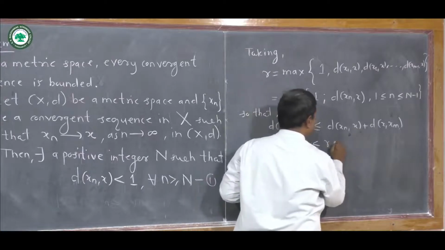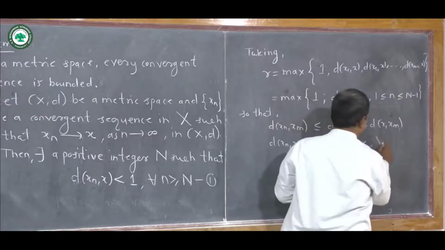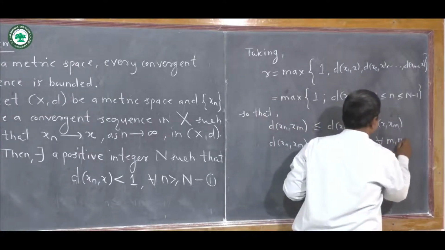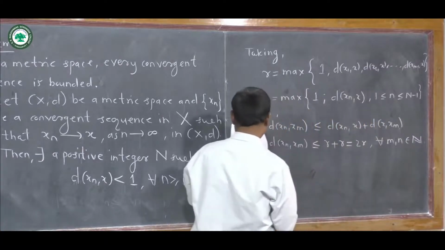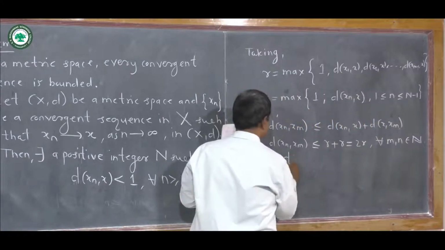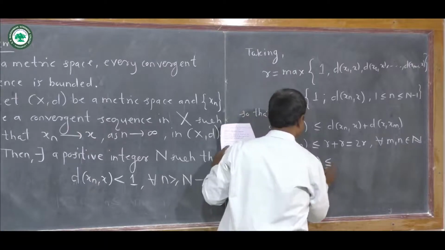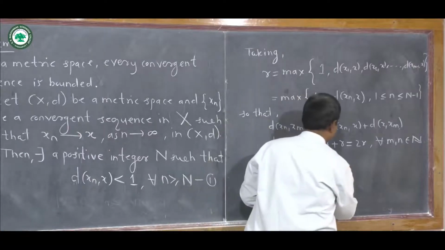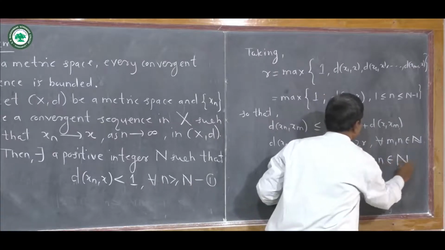So the distance between xn and xm is less than or equal to r plus r, that is 2r, for all m and n belonging to the set of natural numbers N.